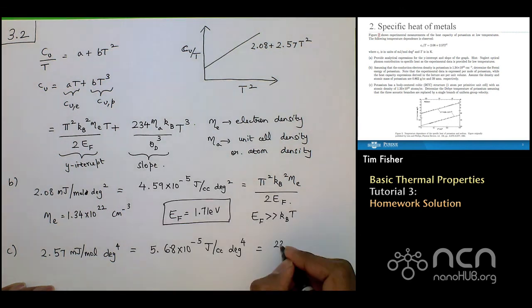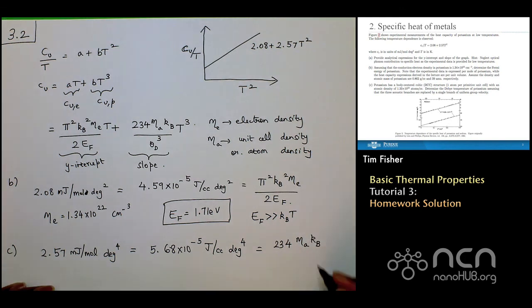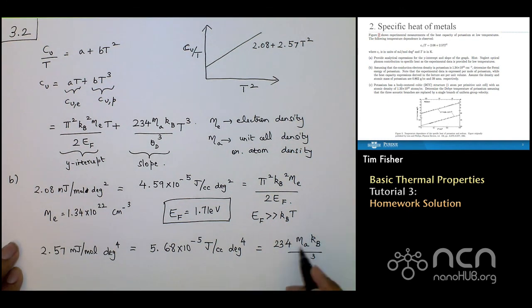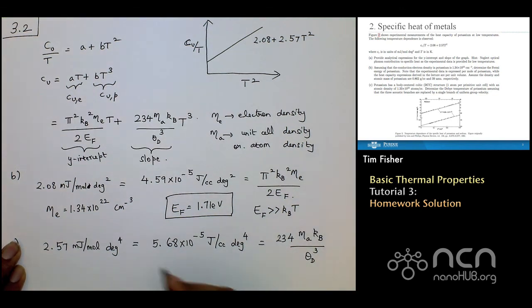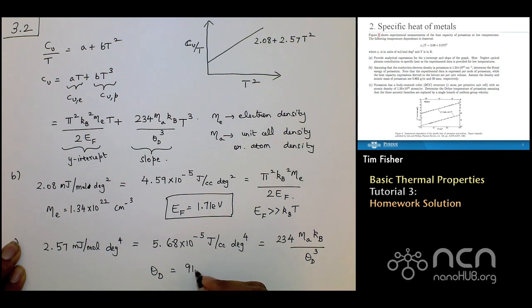So it's 234 η_A k_B divided by the cube of the Debye temperature. The atomic density is given in the problem. So substituting that and solving for the Debye temperature, we obtain that the Debye temperature is 91.1 Kelvin.